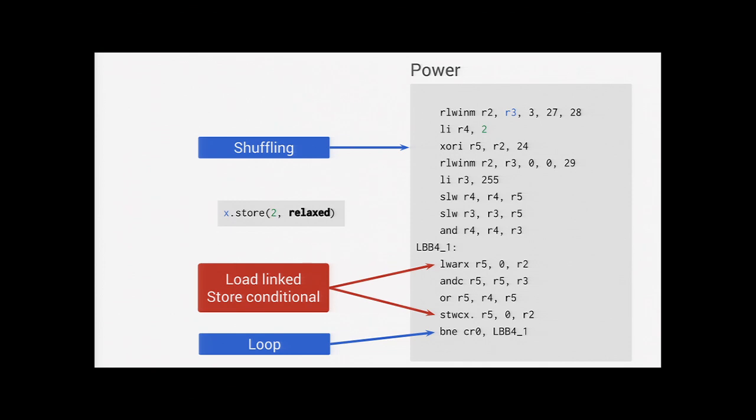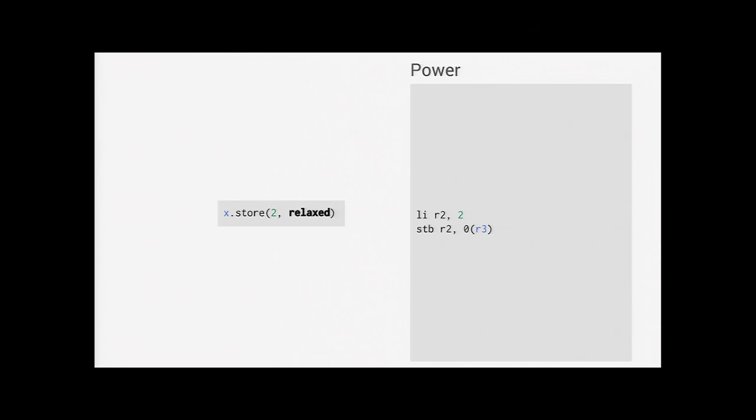And so it was saying expand, and so every atomic store was expanded into a loop of compare and exchange. And then every compare and exchange was transformed into a loop of load linked and store conditional. And then because load linked and store conditional are only implemented for well-aligned words on Power, you must have all of this shuffling to make sure that things are well aligned and so on. And all this is a bit wasteful because this code just works.